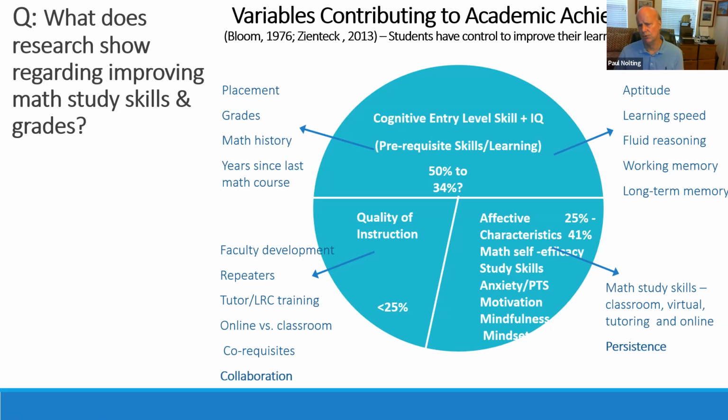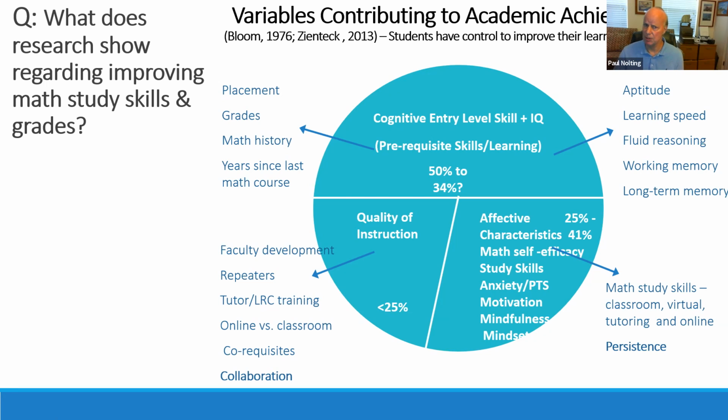In Florida, where I used to work, if you come in, you automatically go to intermediate algebra. It's something we have to share with the instructors and with the students, because what happens is they're going, well, it's the instructor's responsibility to teach me. Less than 25%. That's what I tell them.